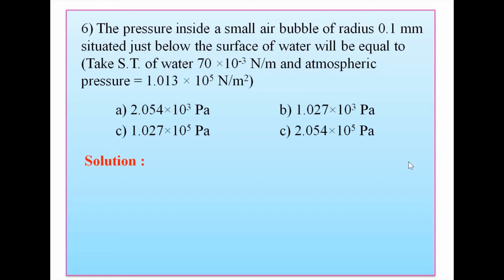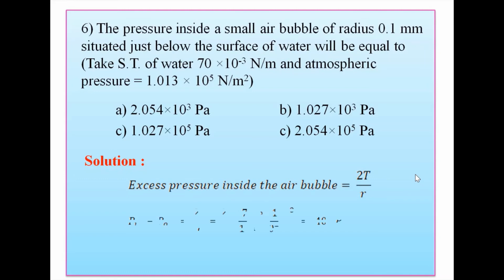The solution for this objective is, we know that excess pressure inside an air bubble has the formula twice T divided by small r. Putting the values as per the given condition, P inside minus P outside equals twice T divided by R. So 2 into 70 into 10 raised to minus 3 divided by 0.1 into 10 raised to minus 3.